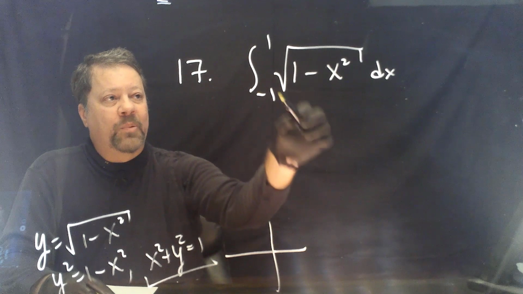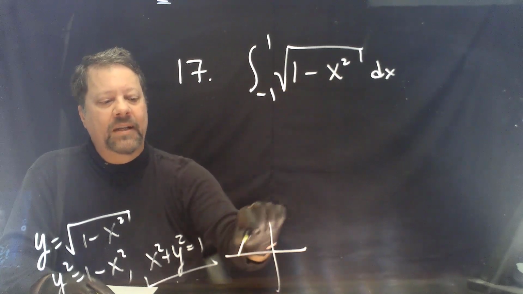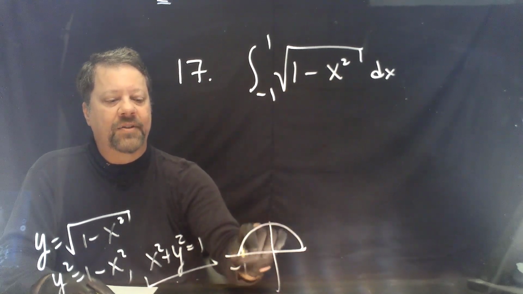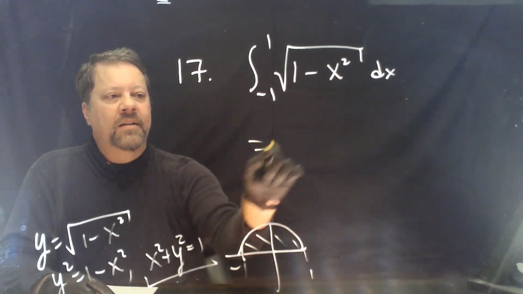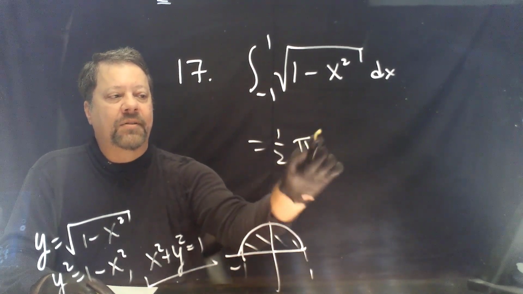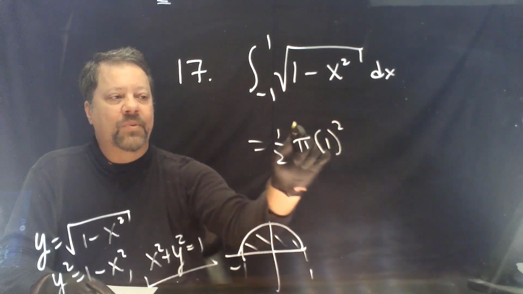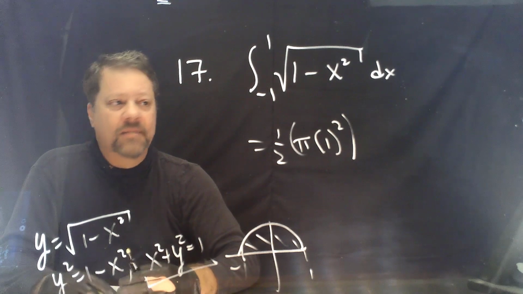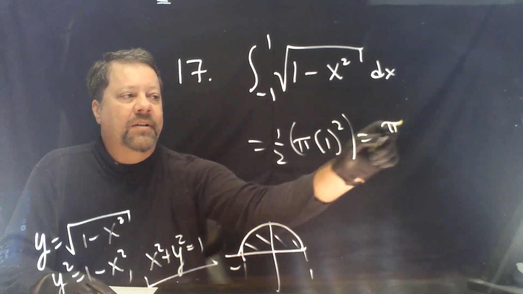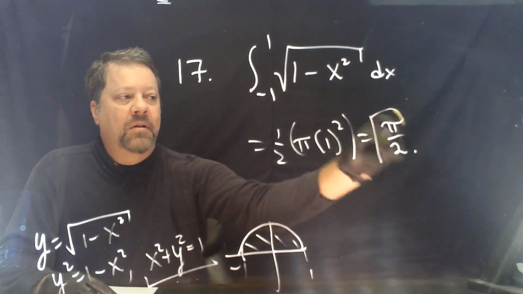Since we have the principal square root, we only get the top half of the circle from -1 to 1. So we get half of the area of the circle of radius 1. You find the area of a circle by taking pi r squared, and so our answer is pi over 2.